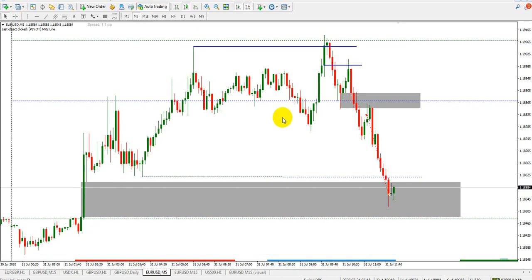70-odd pips for Asia, a massive Asian range. And then we had this consolidation going into London Open. London Open's right here. Coming into London Open, we sweep the lows of this consolidation.